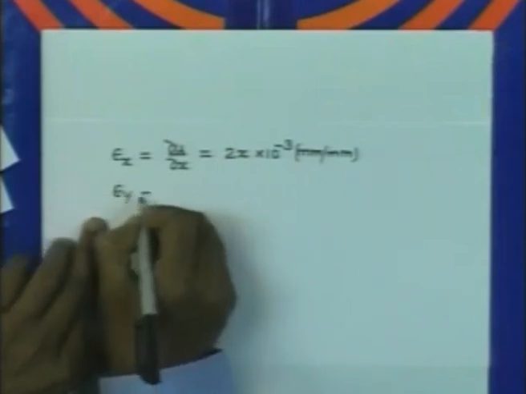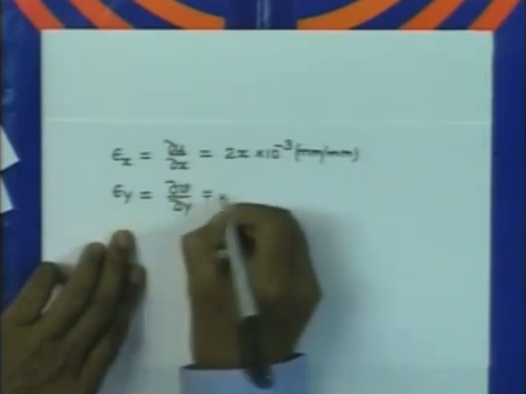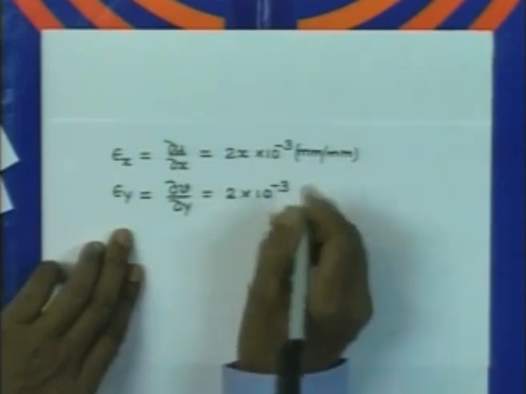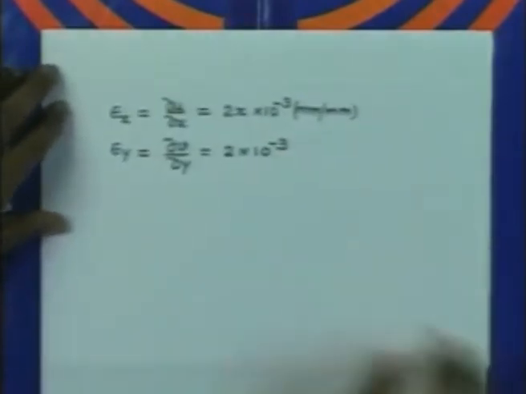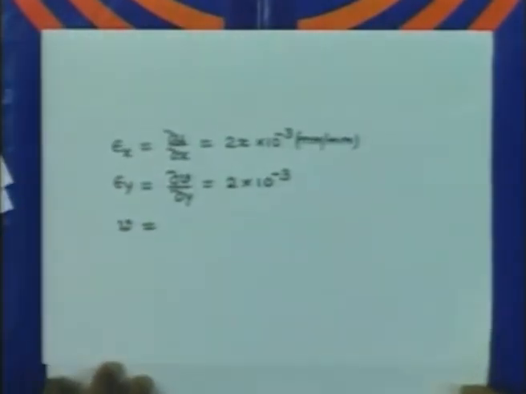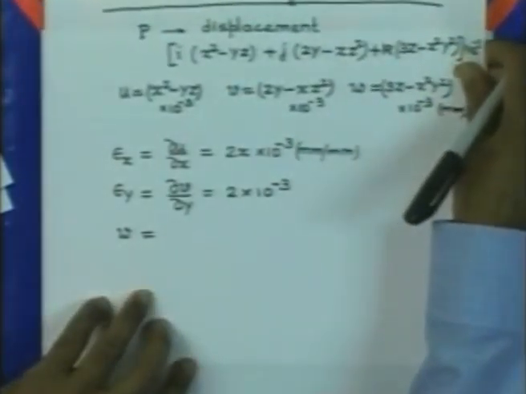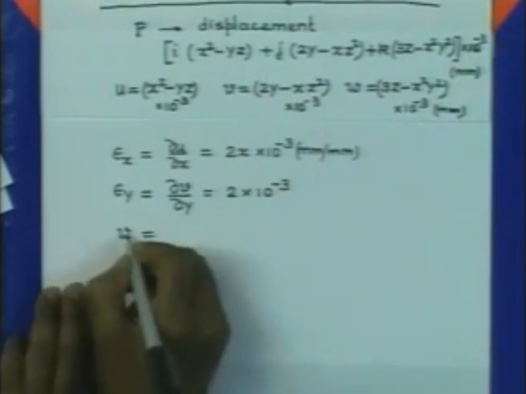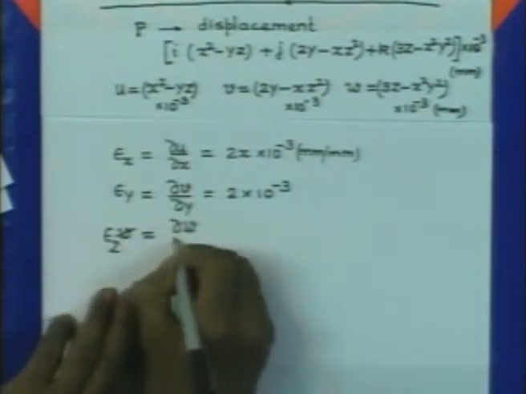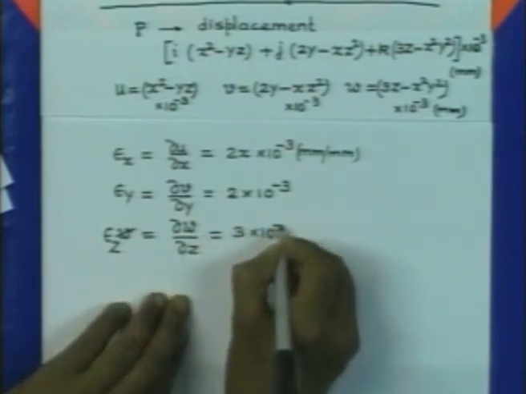Epsilon y, delta v delta y, is given by 2 times 10 to the power minus 3, and the strain component epsilon z, delta w delta z, is equal to 3 multiplied by 10 to the power minus 3.